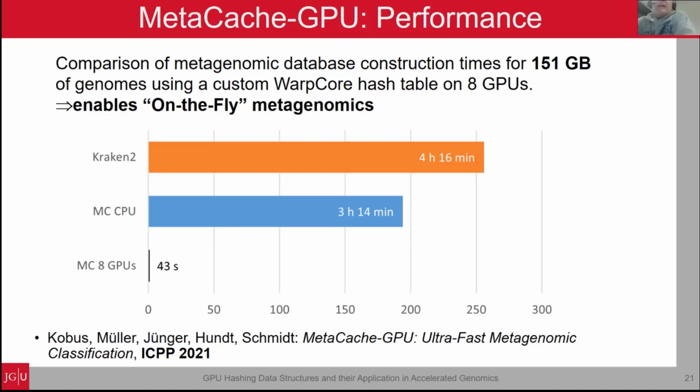We compared the runtime of the multi-threaded CPU Kraken 2 tool, then our MetaCache tool executed on CPUs, again multi-threaded, and our MetaCache-GPU tool with 8 GPUs on a DGX-1 V100 server. And you can see a massive speedup. Kraken 2 requires 4 hours, MetaCache CPU 3 hours. And from hours to less than a minute: with MetaCache-GPU, you can actually do that in 43 seconds, which is a huge speedup.